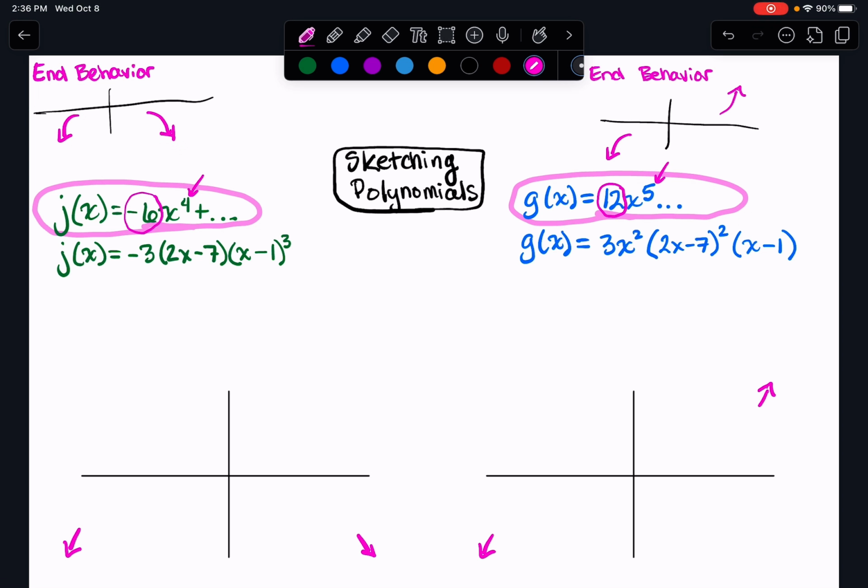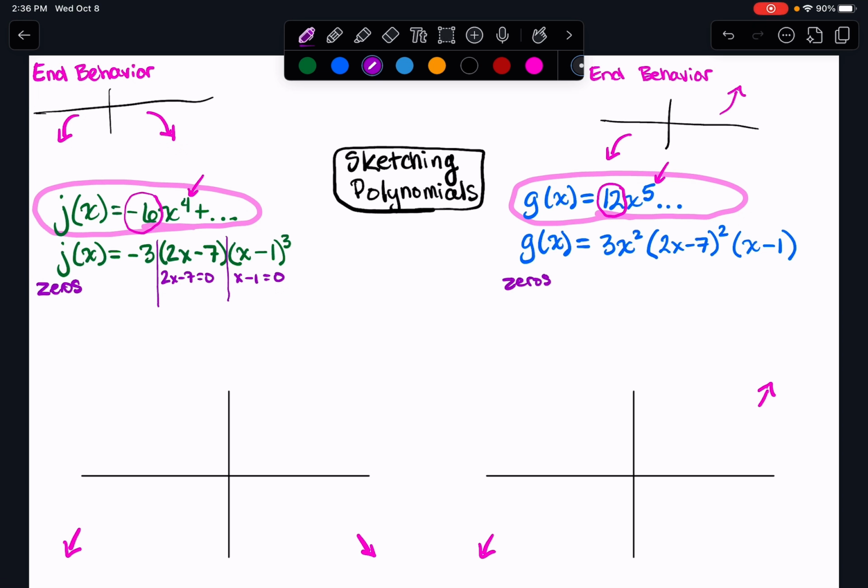Second thing I need is to determine the zeros, or the x-intercepts, of my graph. To determine the zeros, I'm going to look at my factored form. So in j of x, my zeros will be when 2x minus 7 equals 0, or when x minus 1 equals 0.